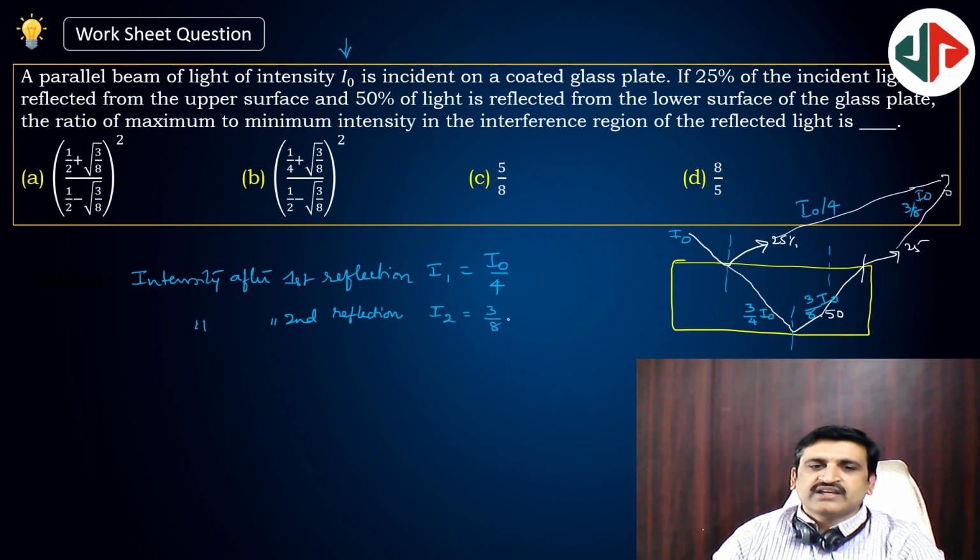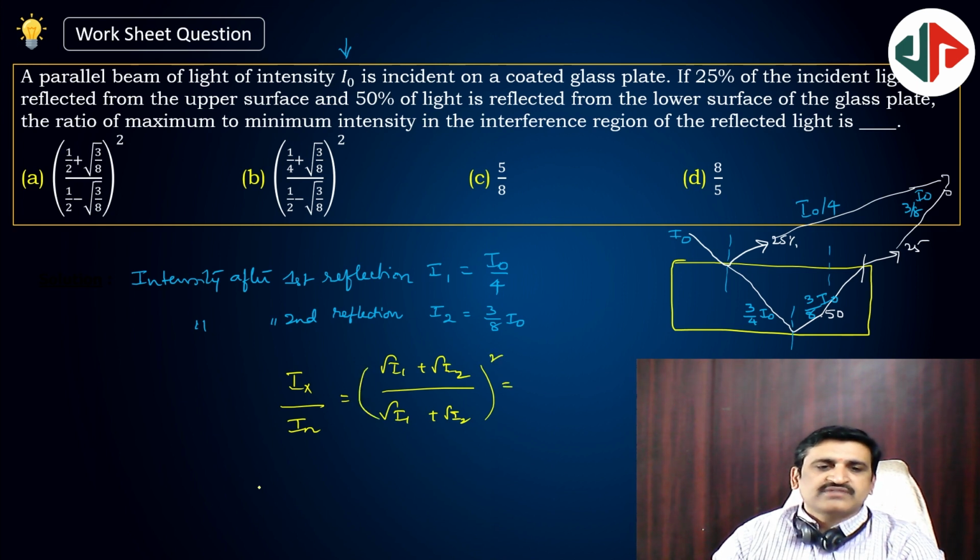So 3/8 I naught it will be. Now we can go to our result: I max by I min is equal to root I1 plus root I2 by root I1 minus root I2, whole square. Plus will give you maximum and minus will give you minimum of amplitudes. Actually these are the sum of amplitudes by the difference of amplitudes, whole square.